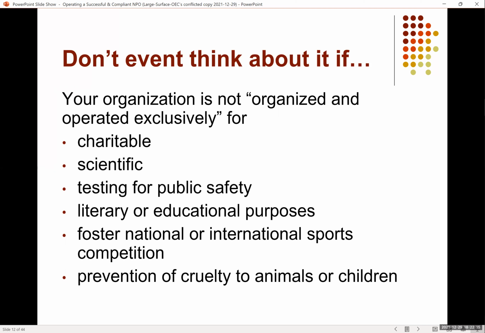These are the only functions or missions that the IRS will accept for tax exemption under the 501(c)(3). And actually the state will probably not incorporate you unless you fall under these parameters.